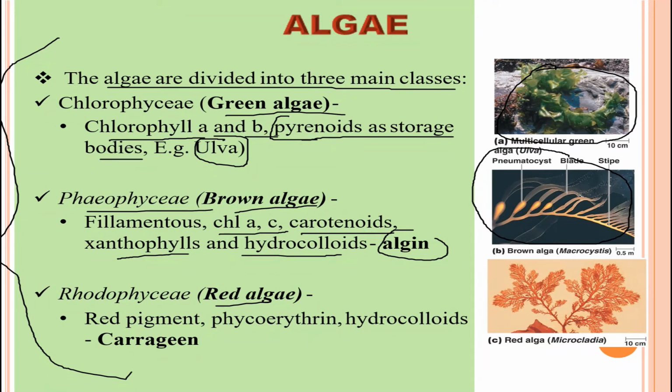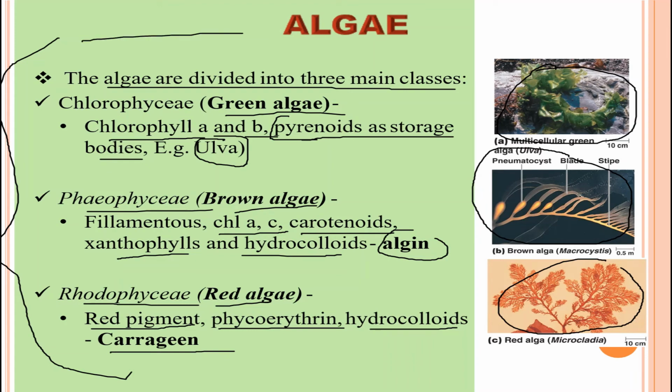And the last one is the red algae. Red algae contain the red pigment phycoerythrin and also hydrocolloids known as carrageen. Some of the examples of red algae are Microcladia, or Rhodophyceae, which we know as red algae. So these are the three prime classifications of algae, which are green, brown and red algae, and these are some of the features that they contain.